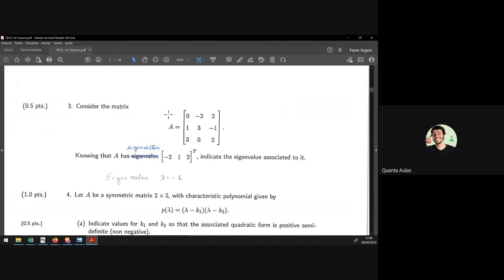Consider the matrix A. Knowing that A has eigenvector, indicate the eigenvalue associated to it. Eigenvector and eigenvalue is advanced math too, right? But it's not so complicated. I will teach you how to find eigenvalues.